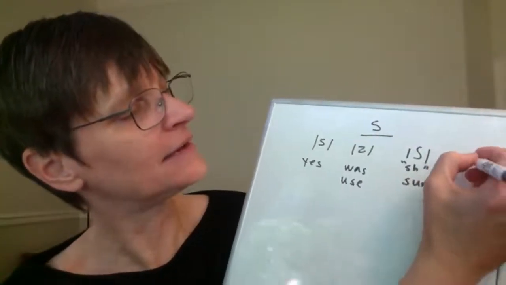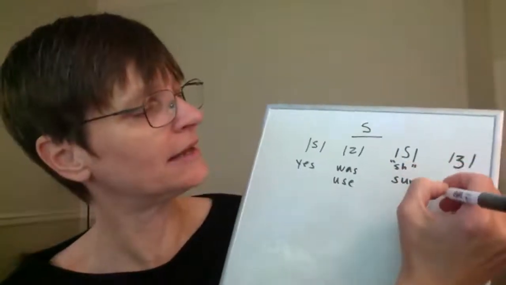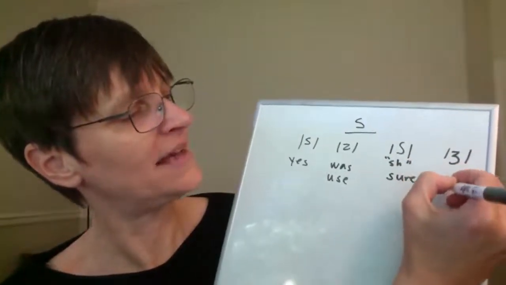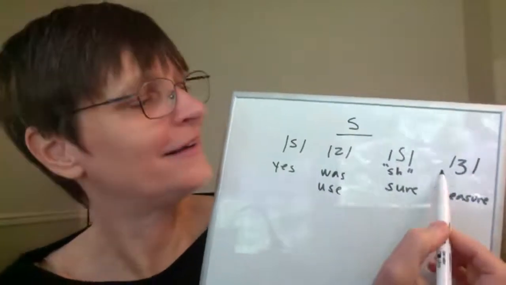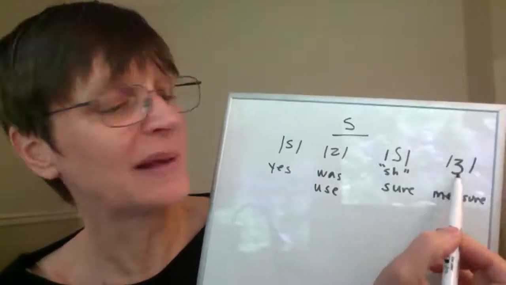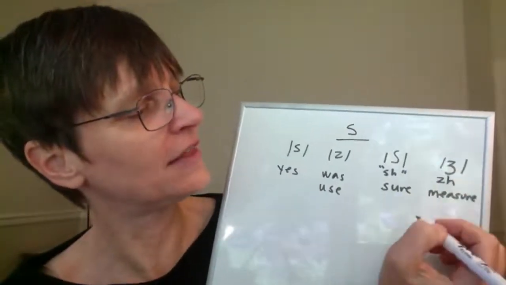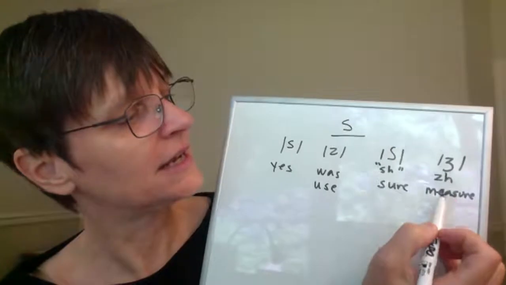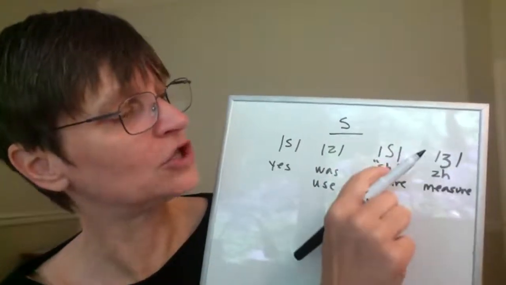And then lastly, the S will sometimes say zh, like in measure. And so we don't really have a set spelling for this zh sound. It's voiced and it's a continuing sound. And basically it's the voiced version of sh.